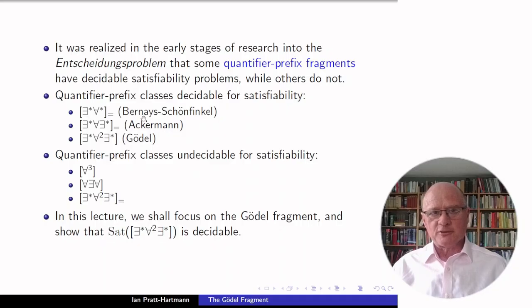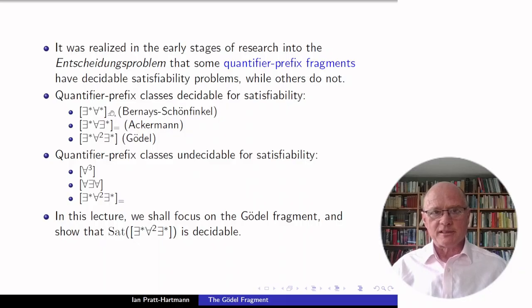The first is the so-called Bernays-Schönfinkel class, and that is the class of formulas with quantifier prefix fitting the pattern ∃*∀*. In other words, any number of existential quantifiers followed by any number of universal quantifiers, but you can't have any existential quantifiers following a universal quantifier.